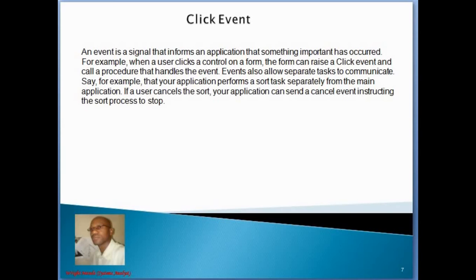There is hover over, there is click, there is right click, there is left click. There are a number of events that we have in .NET. So these are there to give instructions to the program. They're just there for communication purposes.